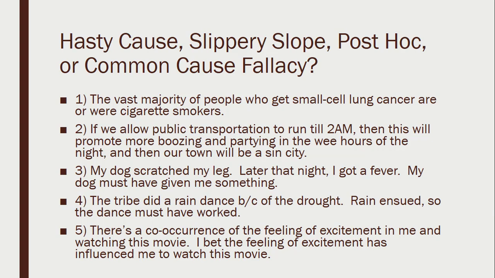So the post hoc fallacy does not come into play here, but it says that there's a correlation between the feeling of excitement in me and watching this movie. Right? So all there is in the premise is correlation. So just from correlation alone, you cannot generate a causal conclusion. Right? Much more work needs to be done. So this is the hasty cause fallacy.